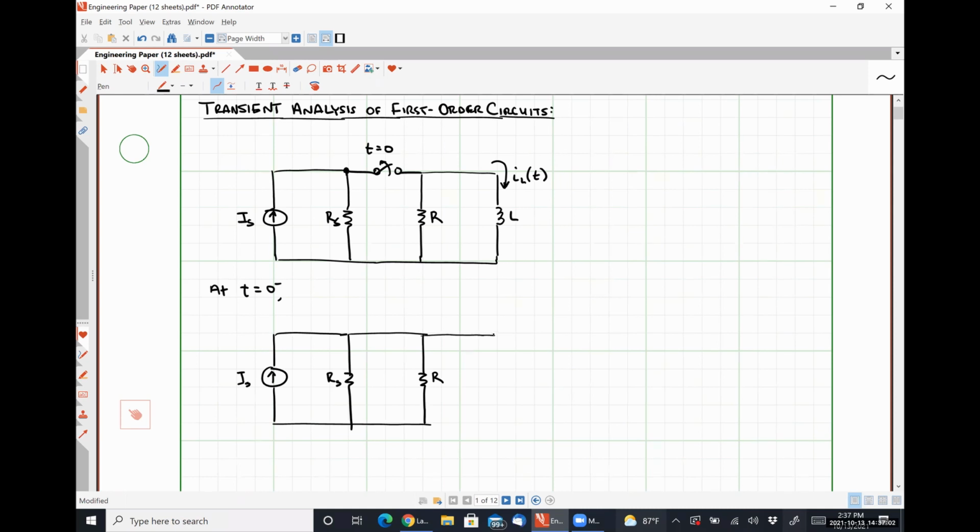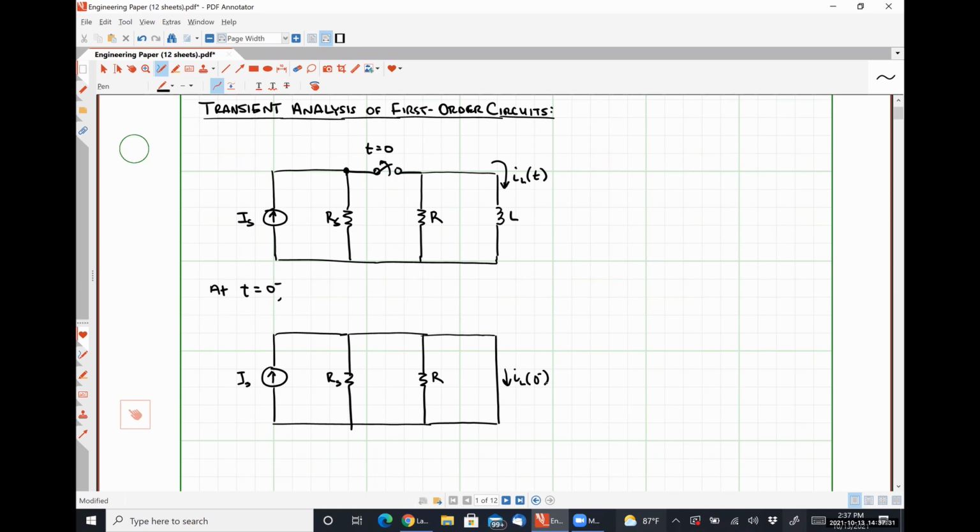But since it's a DC circuit, what do we treat the inductor as? A short circuit or a section of wire, okay? So this wire right here represents our inductor, and we will have some inductor current, IL, that's valid at this specific point in time, t is equal to 0 minus, okay?